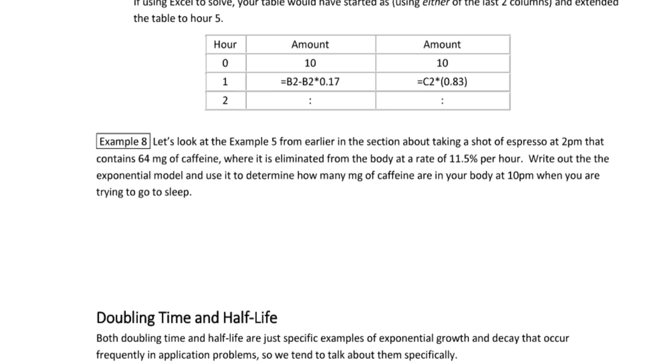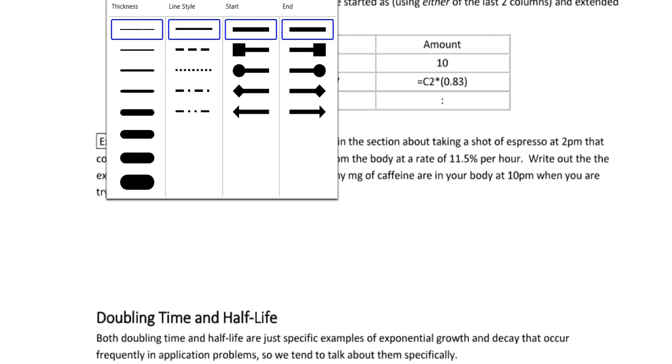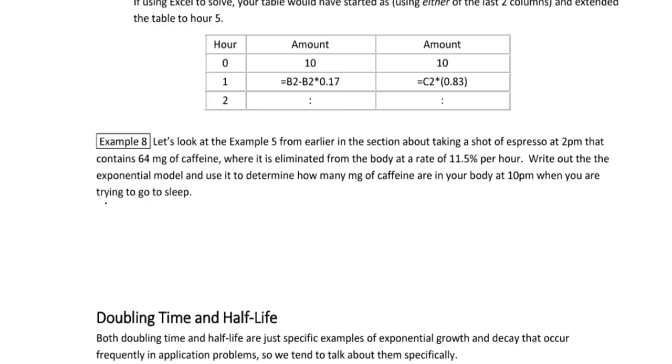Initially we have y equals a times b to the x, where the b is going to come from 1, and in this case, because it's being eliminated, it's going to be 1 minus r raised to the x power. So that's the equation that we're working with.